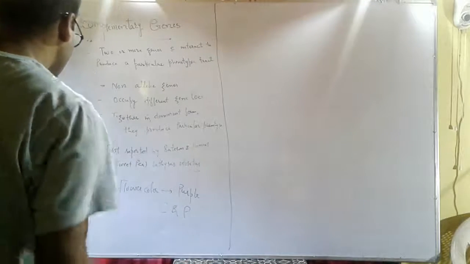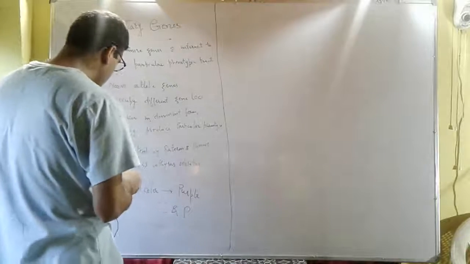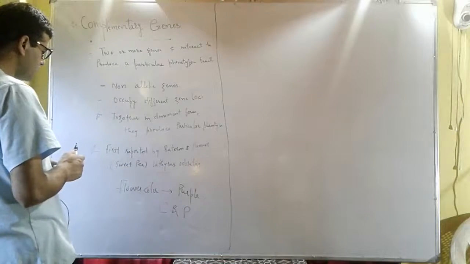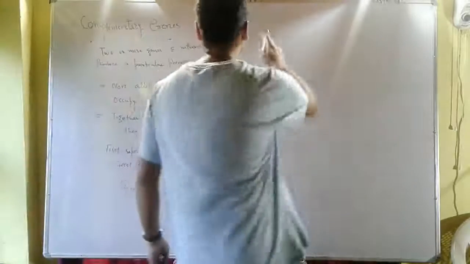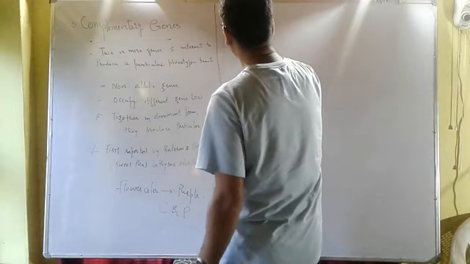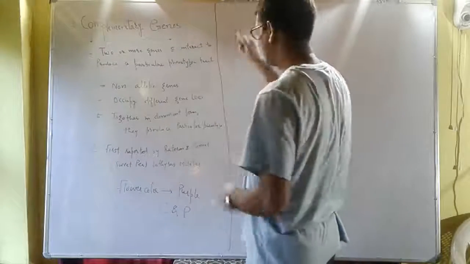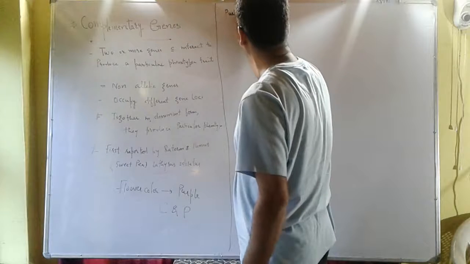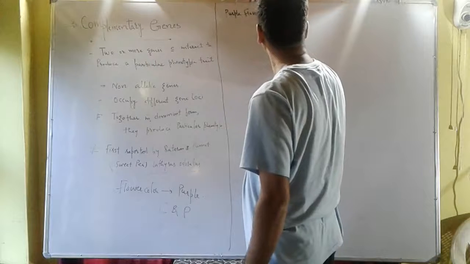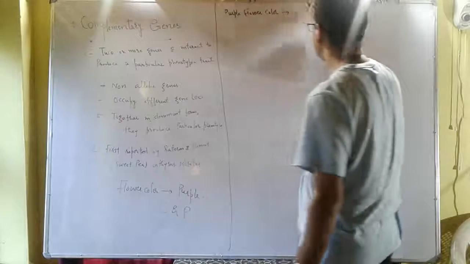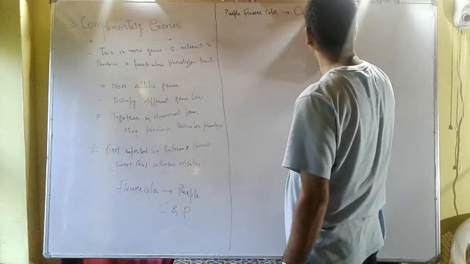That means for flower color in sweet pea, the genotype for purple flower color would be capital C, small c, capital P, small p.